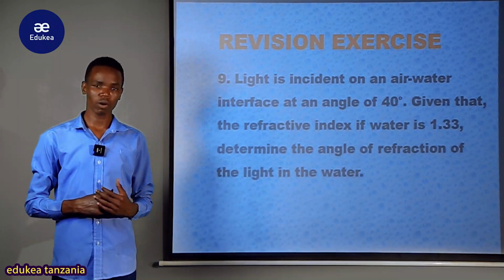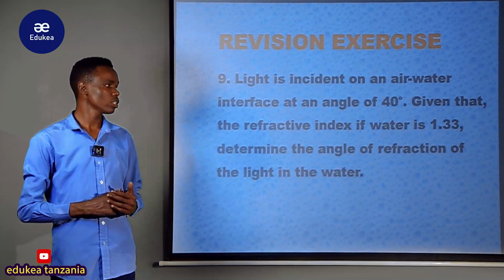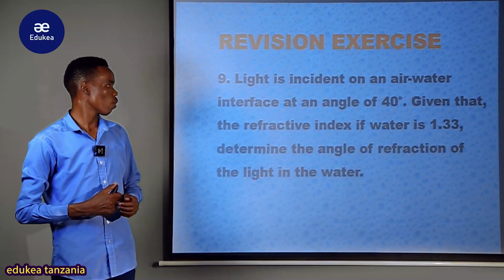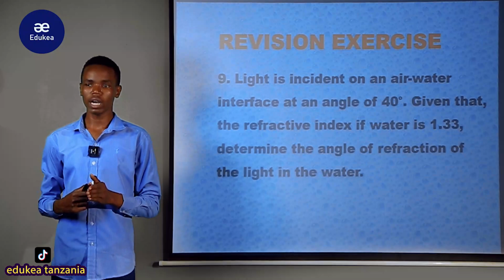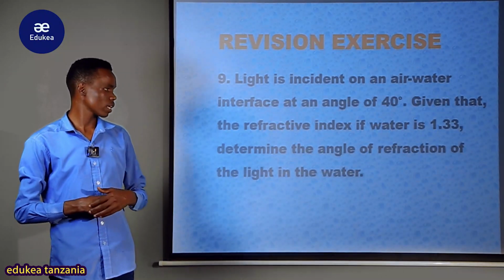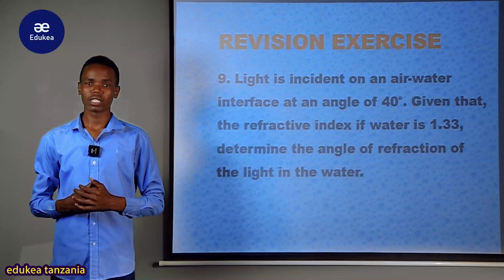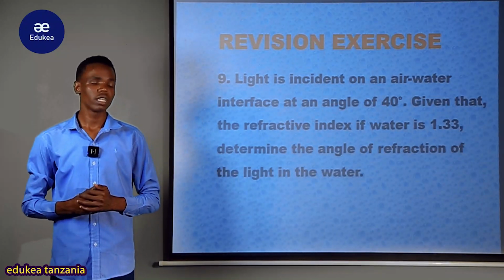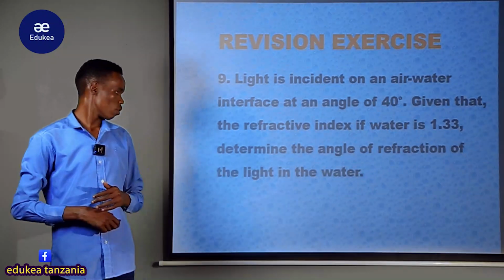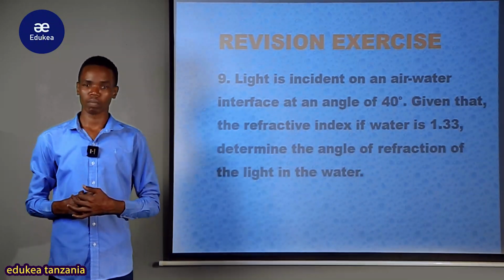From our question, we have the angle of incidence between the air and the water, and also the refractive index of water, but we are supposed to find the angle of refraction of the light in water.